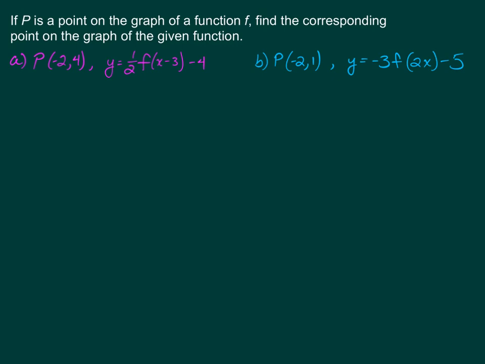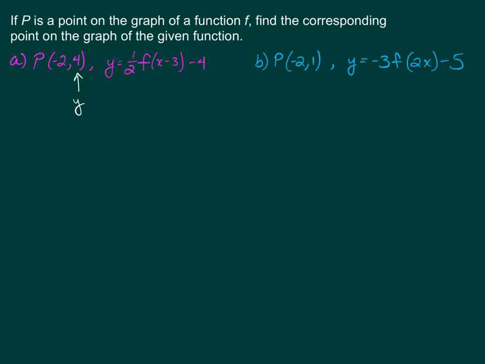In order to figure out where the new point is, I think it's easiest to work with the y values first. So the y value here is 4. And when you look over here at this function, the values that are taking place outside of the function affect the y value of the point.